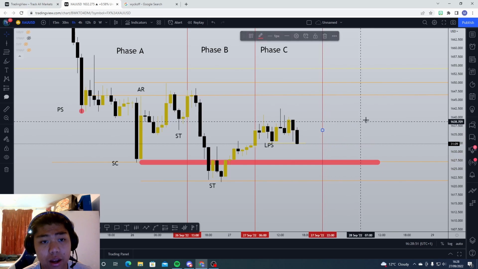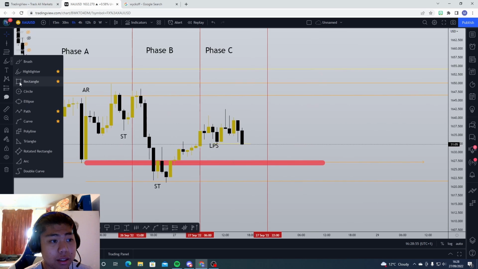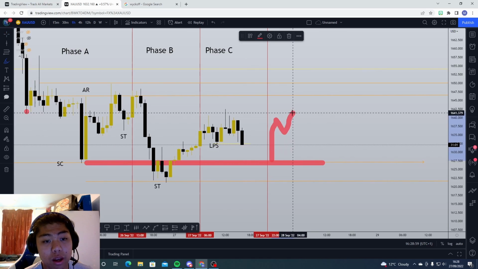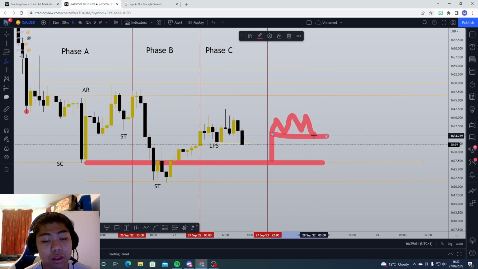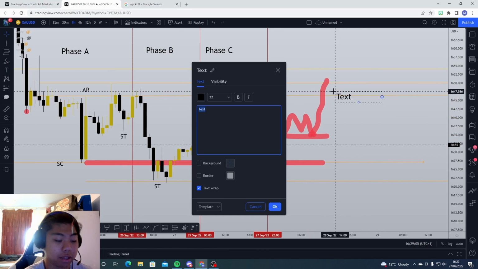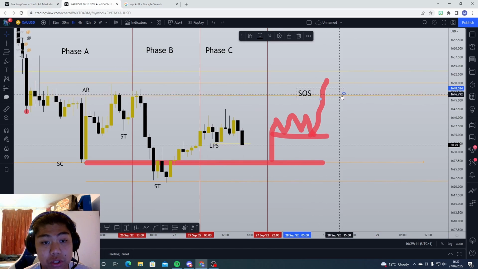After that, we're looking for a rally, maybe one more last point of support for the push up, and then we'll call that our SOS, sign of strength.